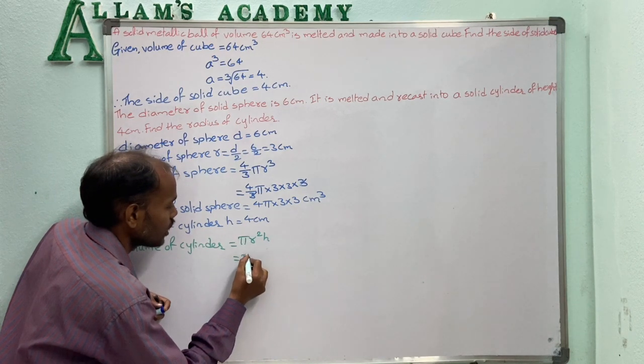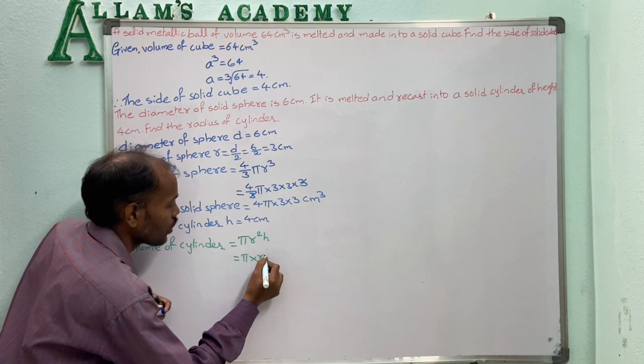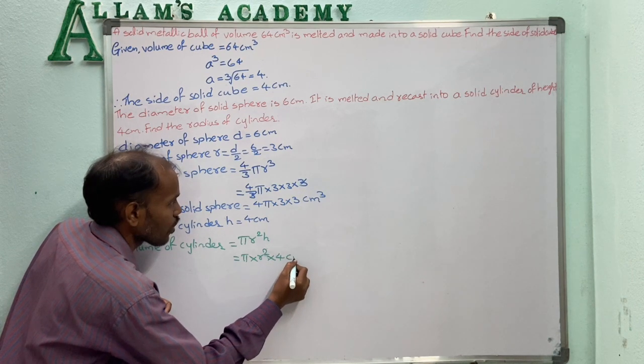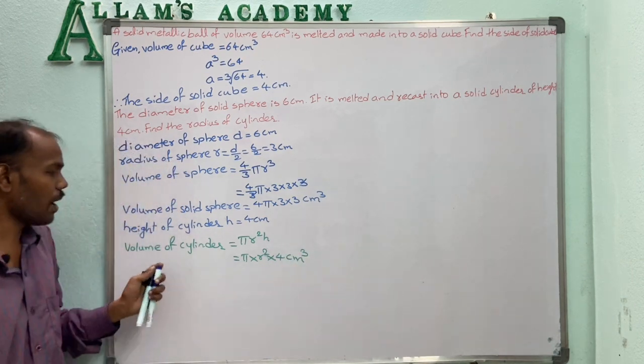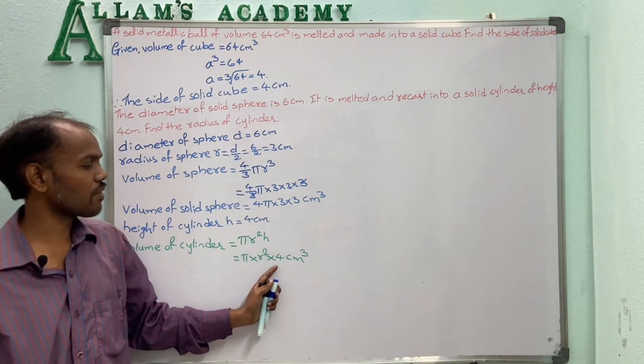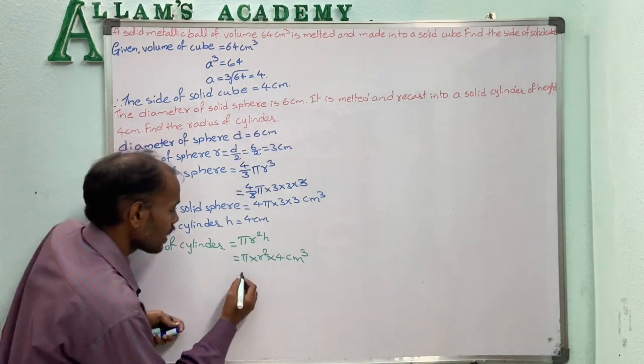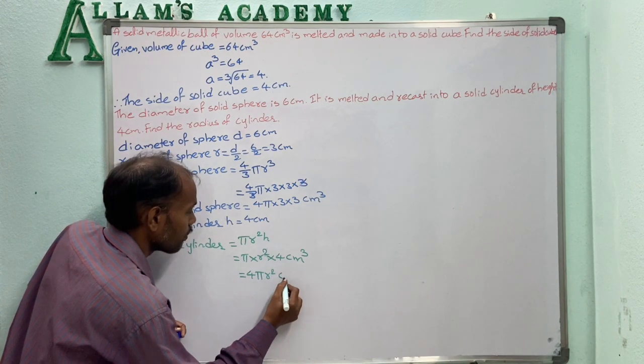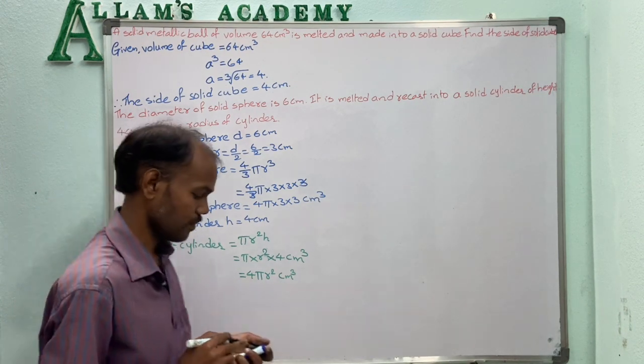So pi into r value we don't know, so r square into h value is 4. So volume of cylinder is nothing but pi r square into 4. That means 4 pi r square centimeter cube.